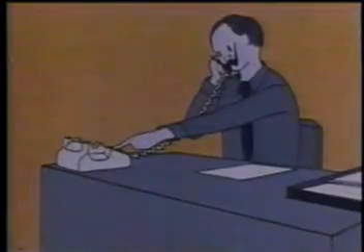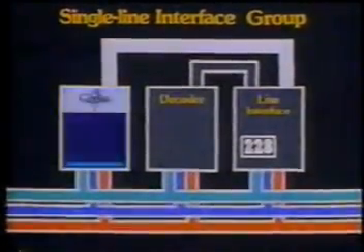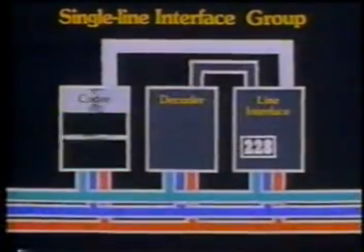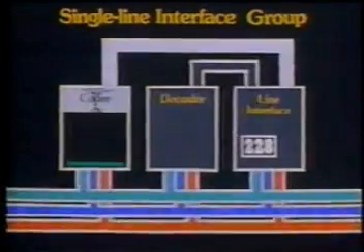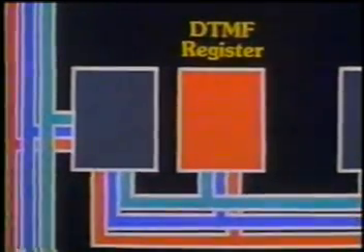As he presses the first digit, the CPU cancels the 2 commands which supplied dial tone. Then, the DTMF tones from his keypad are coded into PCM words by the coder of his group. These PCM words are received by the DTMF register, which converts this information into a new digital code word.